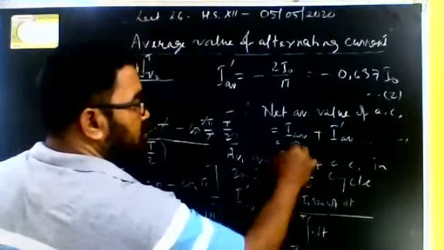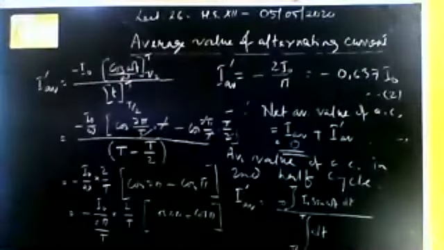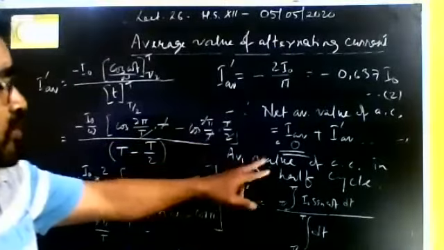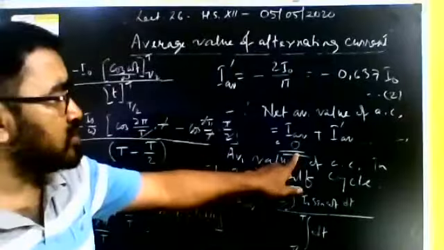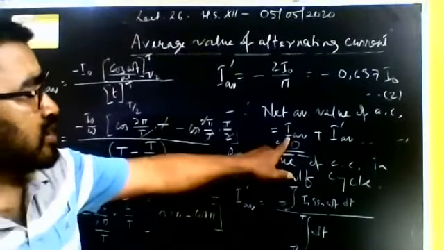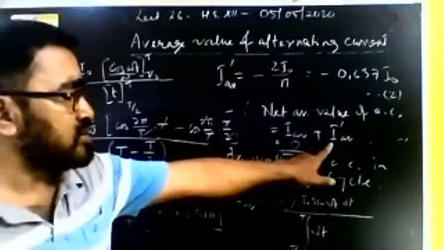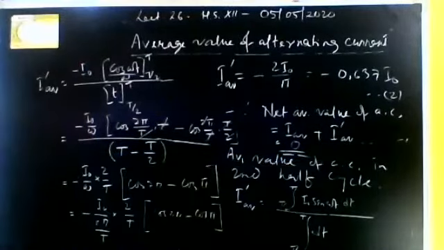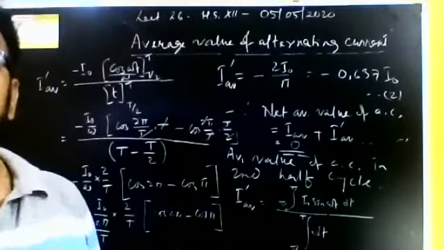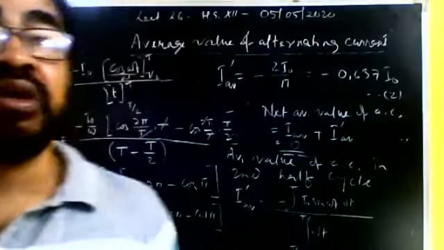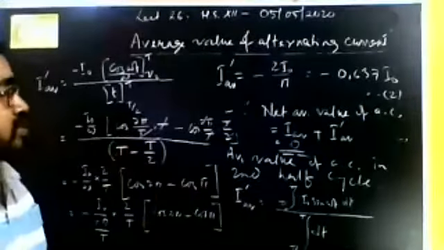Therefore, it is 0. Okay. So it is proved that the average value of alternating current in a complete cycle is equal to 0. This is the first half cycle and this is the second half cycle. So in this way we can find out the average value of alternating current in a complete cycle, right?